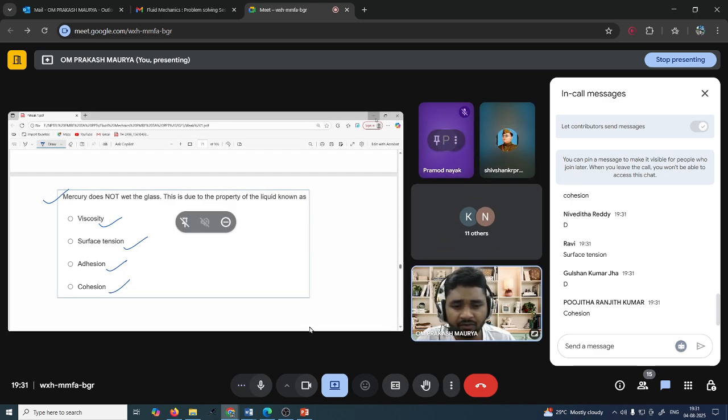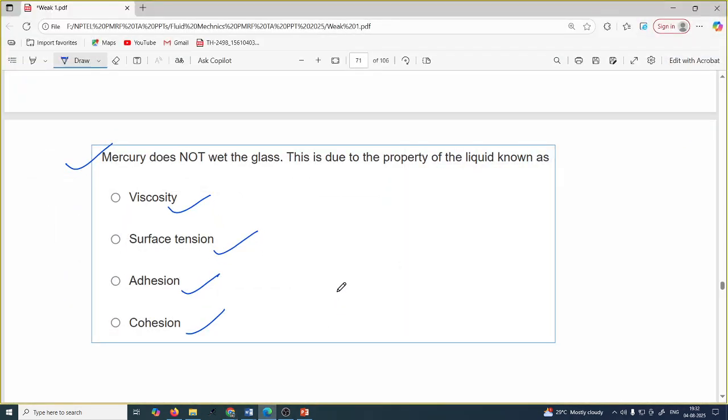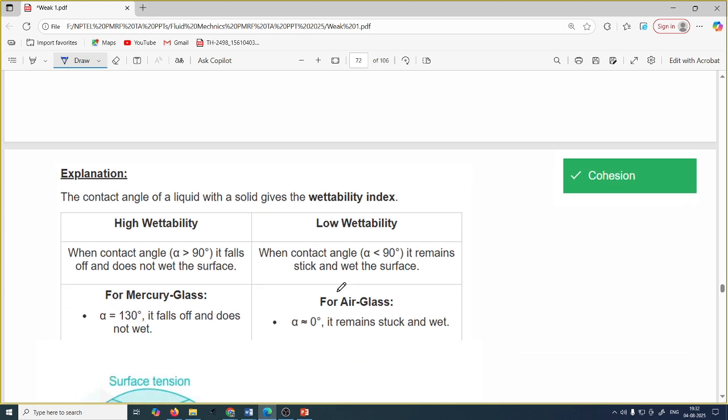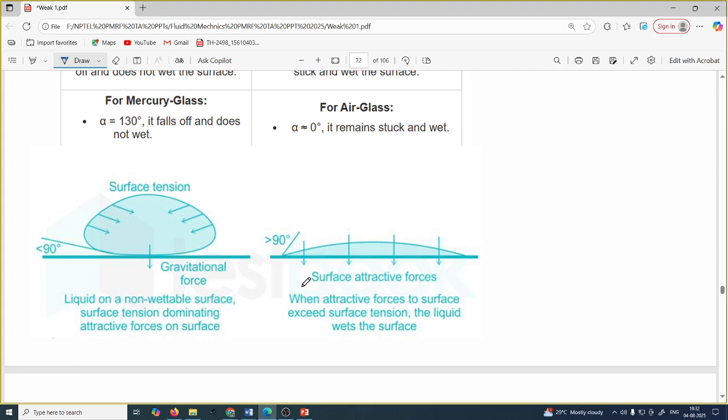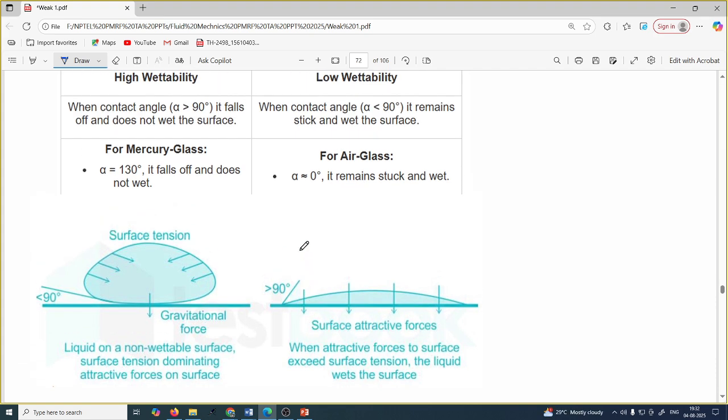Yes, cohesion. Let me show you. Yes, it is due to cohesion. And how cohesion? Here you can see what I was telling previously about surface tension: the particles pull down your surface particles, so tension is created on the surface.